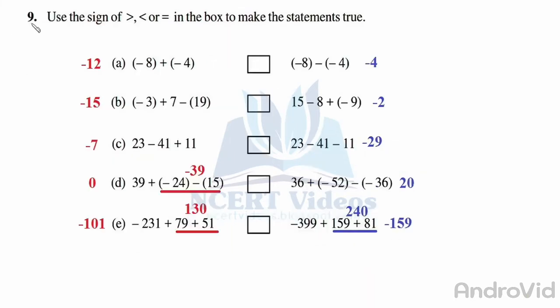9th, use the sign of greater than, less than, or equal to in the box to make the statement true. So these are the terms. So minus 8 plus minus 4. Their signs are same. We have to add them and signs remain same. So minus 12. Done. Here minus minus becomes plus.